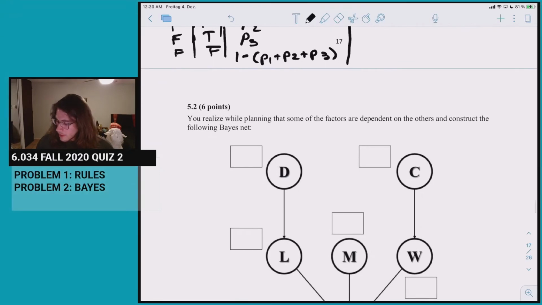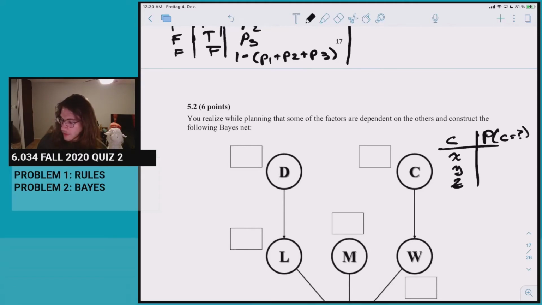So let's think about C first. C has 3 possible values. I know they can be less than, equal to 3, or greater than 3. I'm just going to express them as X, Y, and Z. So the probability of C equaling X would be P1. C equaling Y would be P2. C equaling Z would be P3.